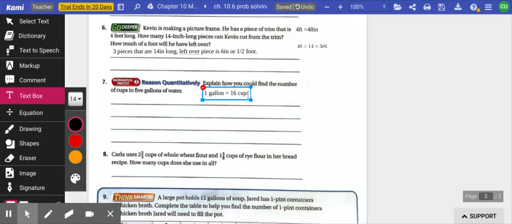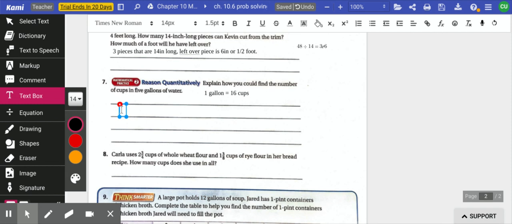And if I have 5 gallons, we also need to mention that when we convert large units to small units, our large unit being gallons in this problem, and our smaller unit being cups, that we multiply.